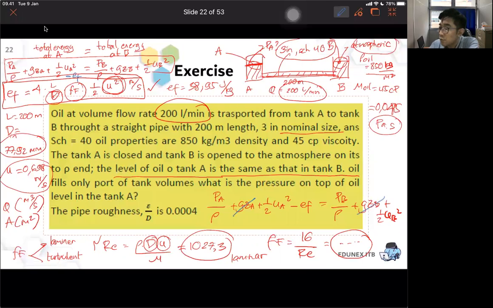Okay, and for the velocity, how about the velocity at point A and the velocity at point B? Because the head is the same and there is no movement of the oil in both tanks, we can say that the velocity at point A is 0 and the velocity at point B is also 0.